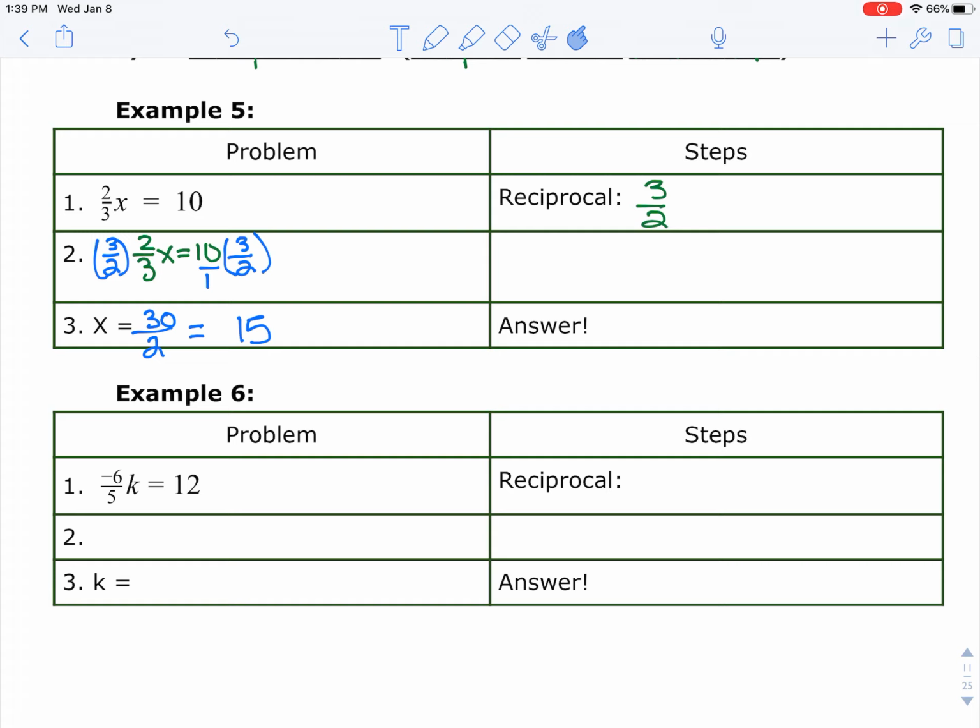The sign doesn't matter. Like in example 6, we have a negative fraction. You're still going to just flip that fraction. So you would multiply both sides by 5 over negative 6.